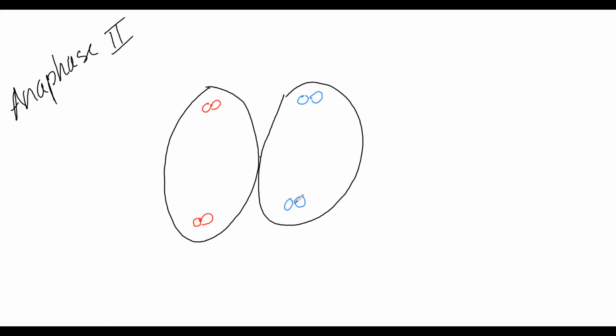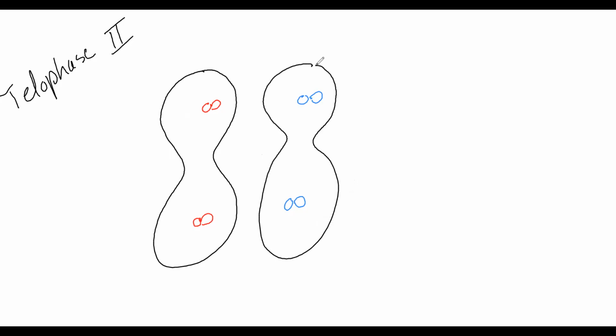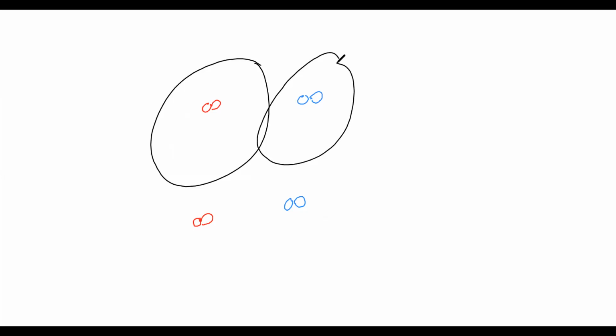Now we enter telophase 2. And I know I'm going kind of fast, but they're basically the same steps. In telophase 2, you see the pinching. And then at the very end of meiosis, aka meiosis 2, you have 4 distinct gamete cells.